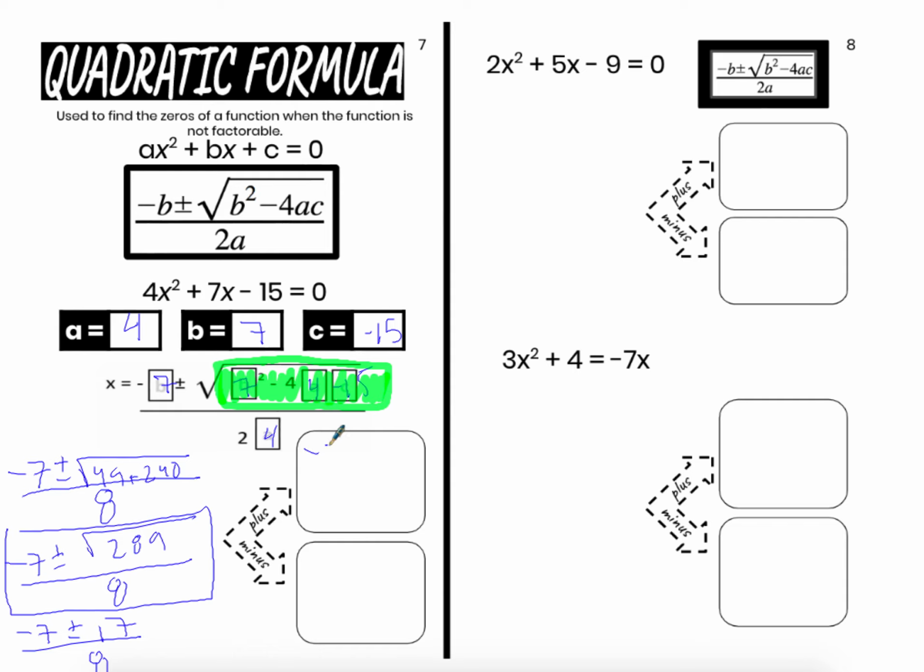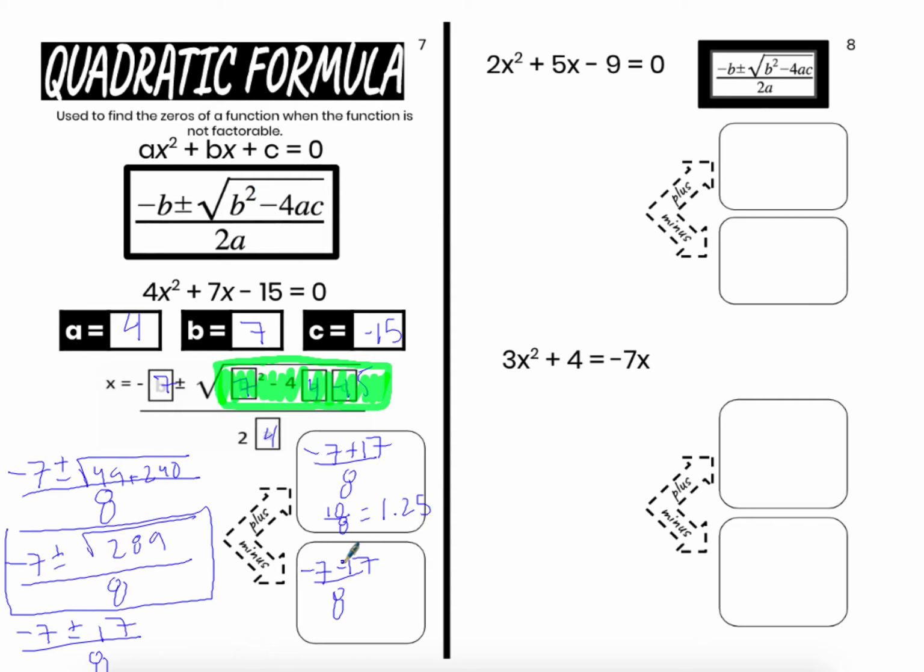That gives me two answers. Negative 7 plus 17 over 8 and negative 7 minus 17 over 8. Negative 7 plus 17 is 10 divided by 8, which is 1 2/8, which is 1.25.